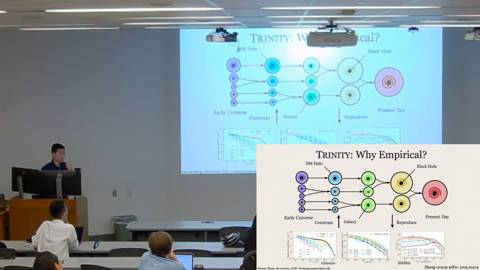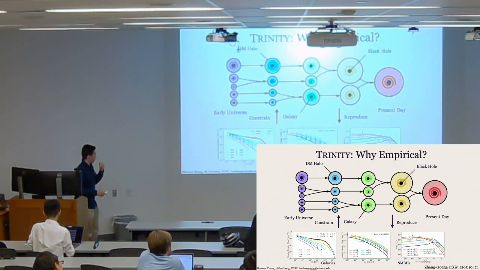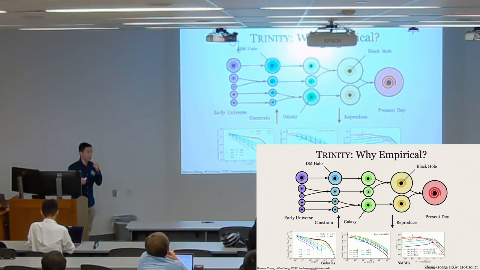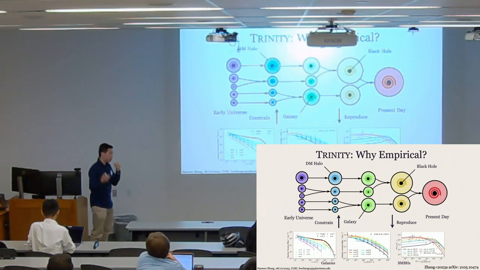Instead, in empirical models, we try to find these empirical relations that match all the data, and then, by comparing our empirical relations with all the simulations that we have, identify the viable physics that are implemented in these simulations to reproduce the empirical relations that we found.